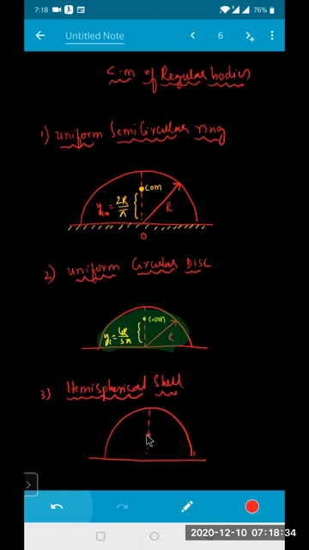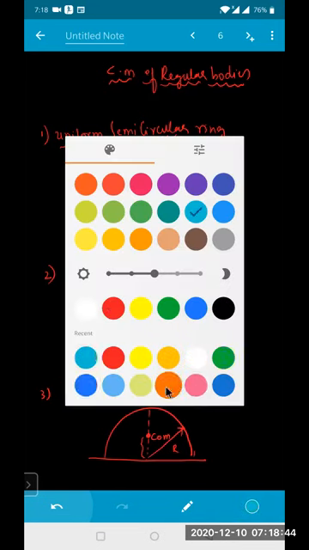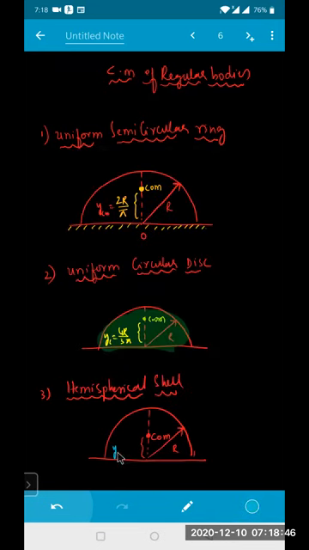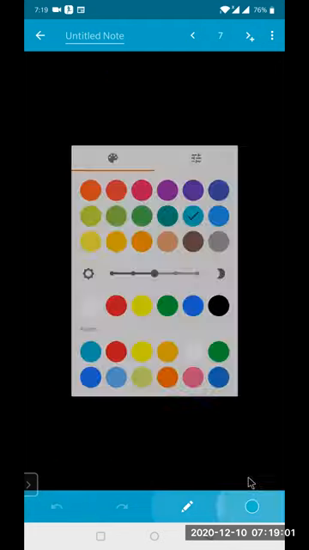The center of mass is exactly at the center of this one, at a distance of YCM, and this one is the radius. So this YCM is equal to R by 2, exactly half. Exactly at half it is R by 2. Total radius is capital R.